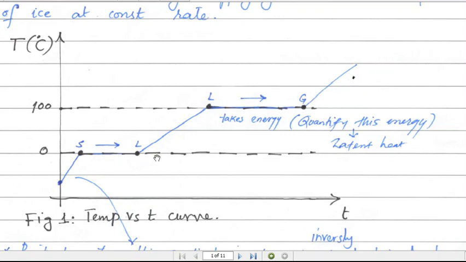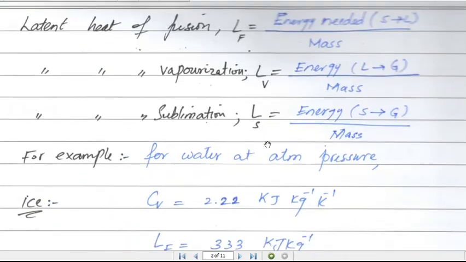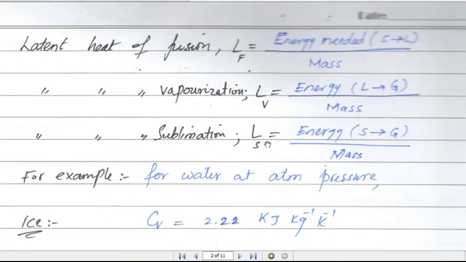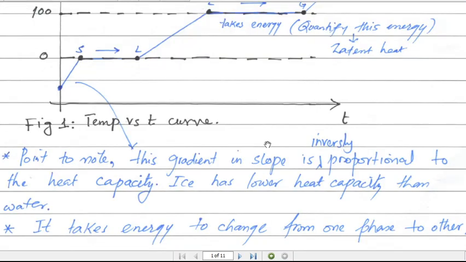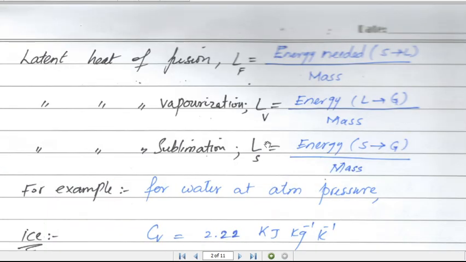And this energy can be quantified, and it is quantified in terms of the latent heat of the system. Latent heat is defined as the energy needed to convert one state of matter into another state.